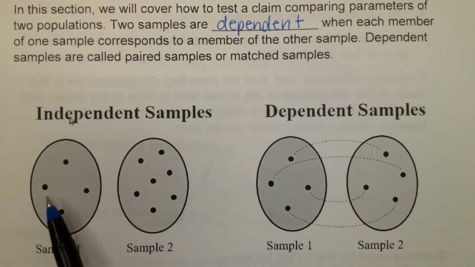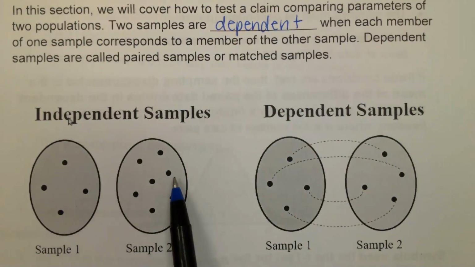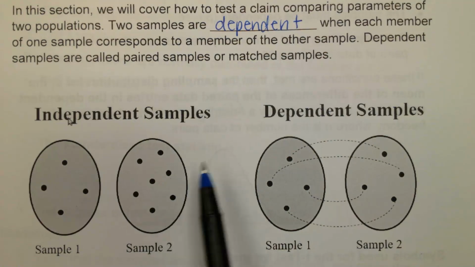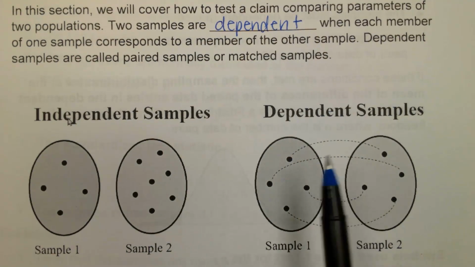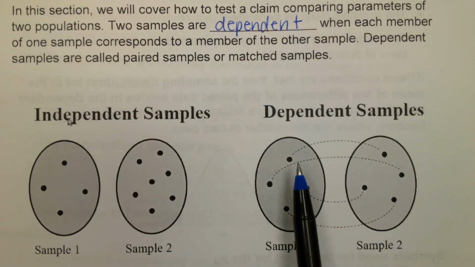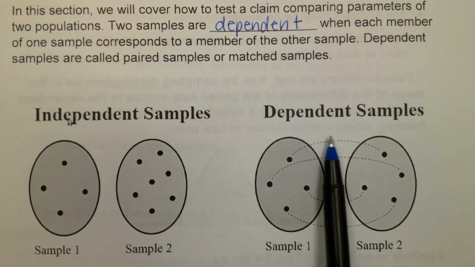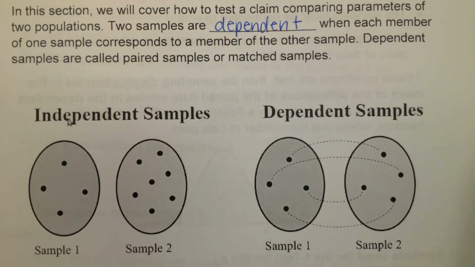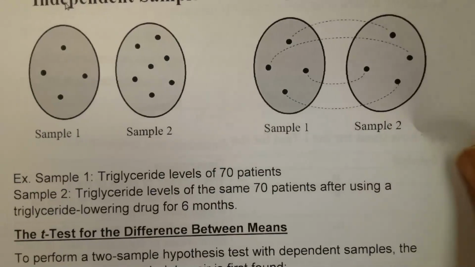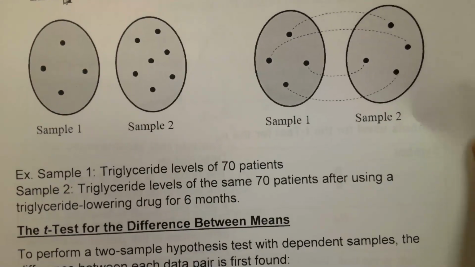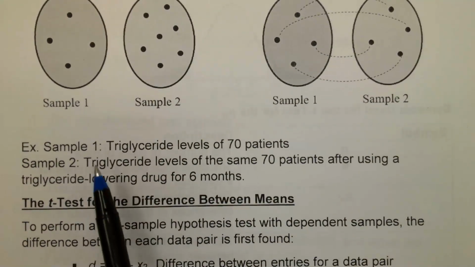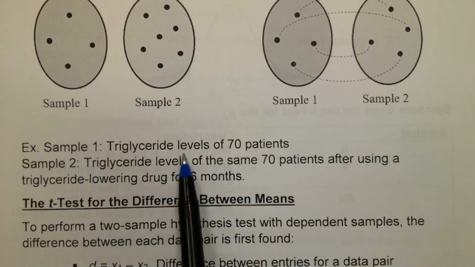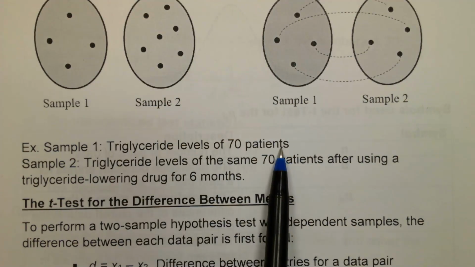So here we have independent samples, where we have sample 1 and sample 2. And then we have dependent samples, where we have the original sample that we took. We take those same samples again to see what the effect was. Okay? So for example, sample 1 is triglyceride levels of 70 patients.